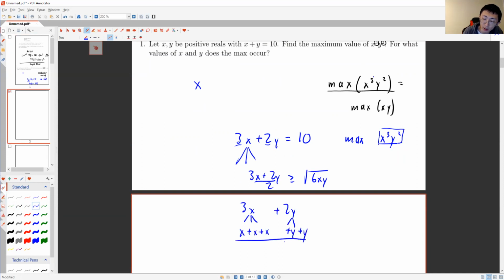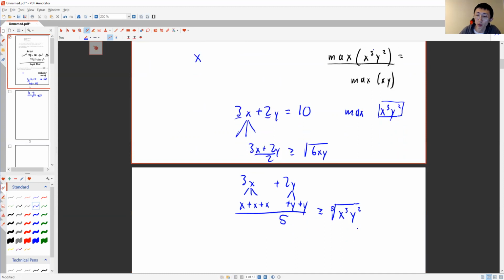Now we can use 5-variable AM-GM on these 5 terms, and it will be greater than the 5th root of this thing. So then we can find the max value of x cubed y squared. This is a problem for x and y positive, let's say.